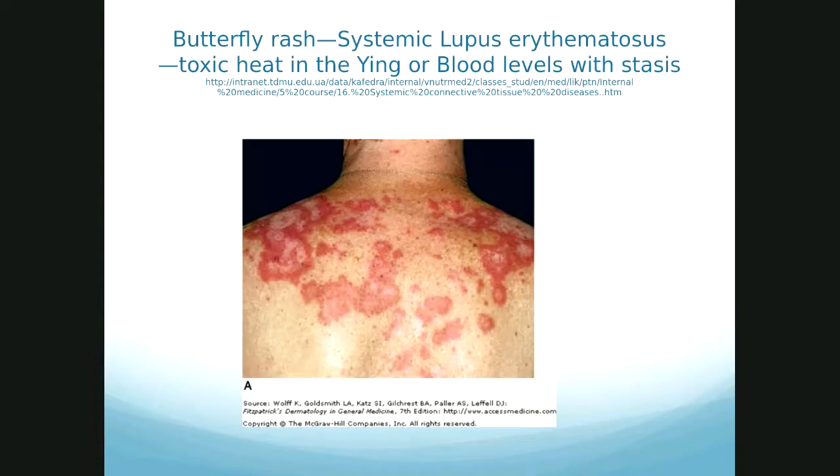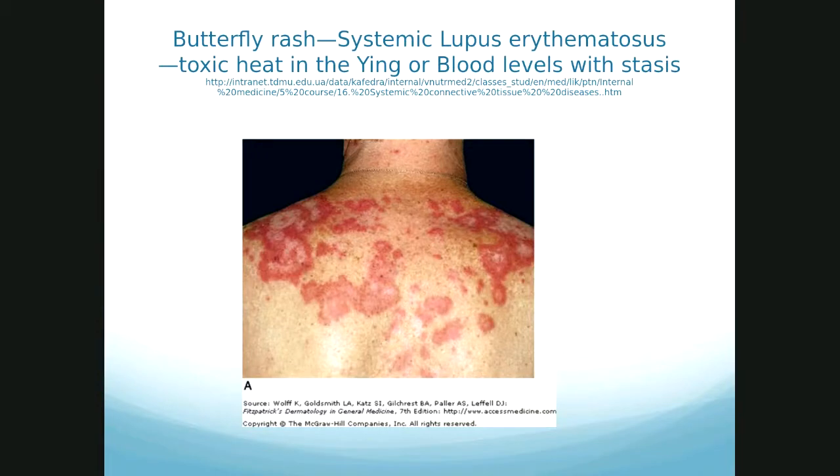Butterfly rash. If we don't know the Western disease name, we don't know the basic prognosis. We can only base on clinical appearances and apply some relevant herbal or acupuncture treatment accordingly.